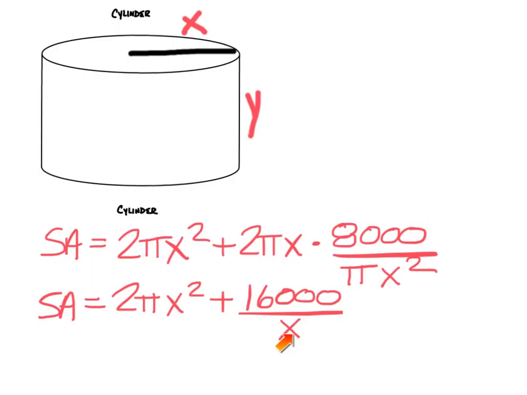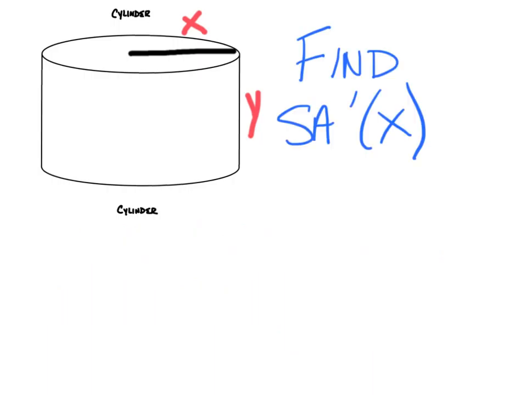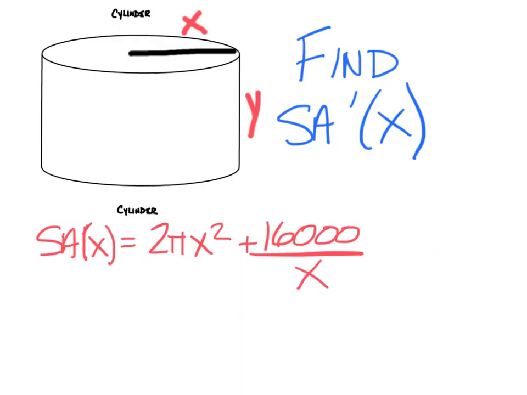Alright, your next step is going to have to be to find the derivative of the surface area function. So we start off with the surface area function being 2 pi x squared plus 16,000 over x. You need the derivative.